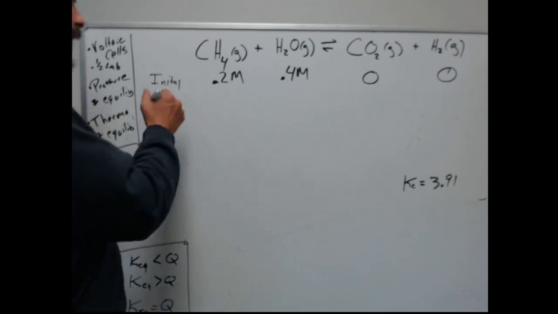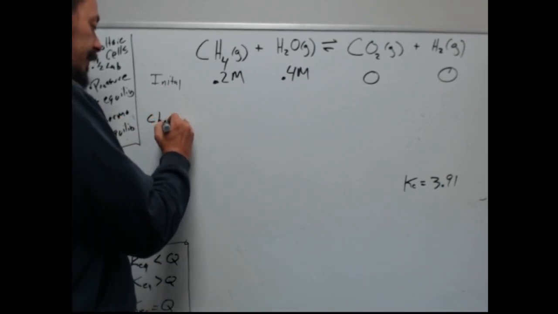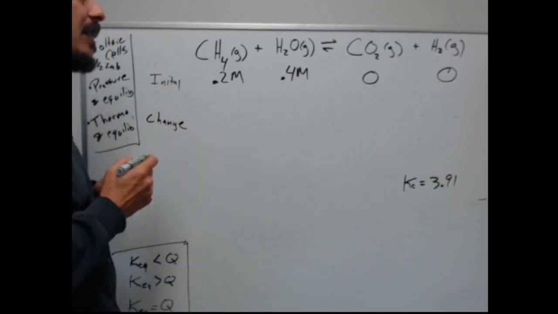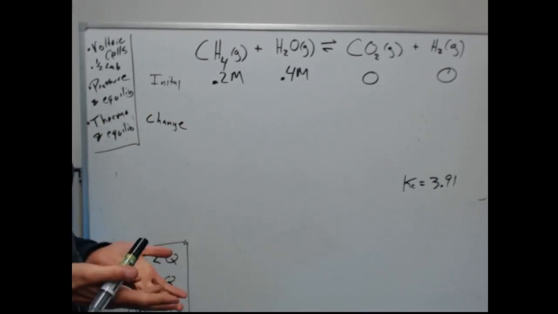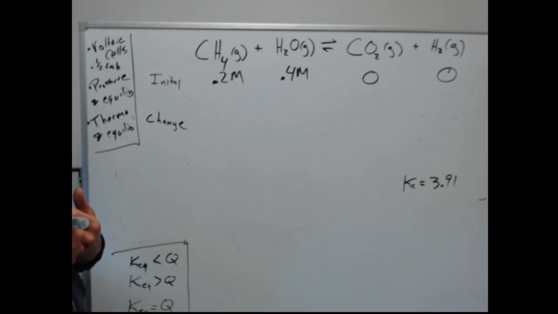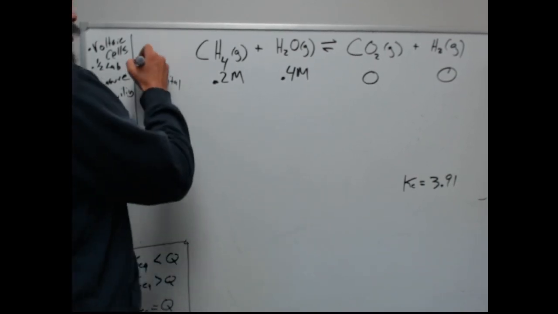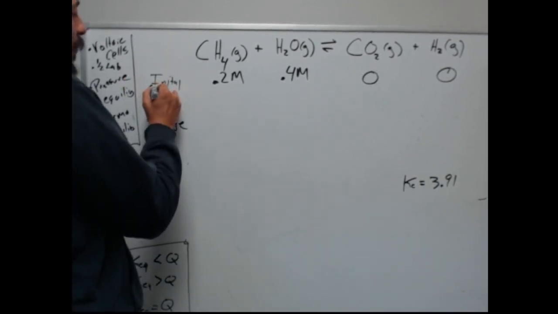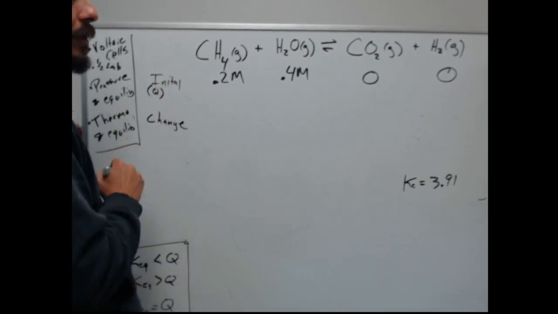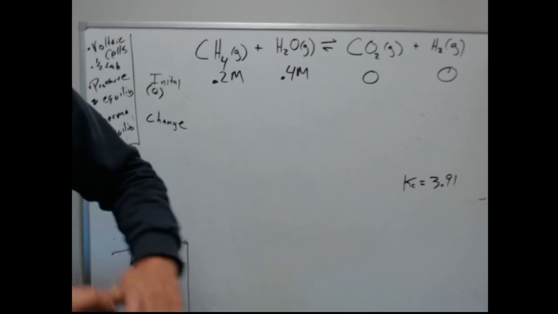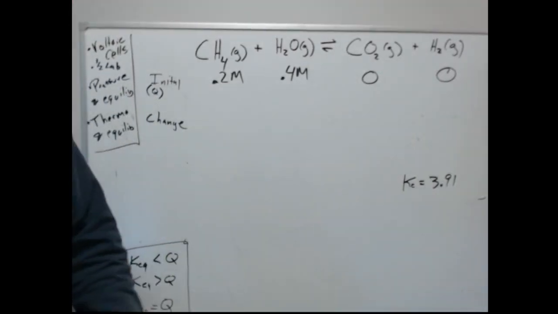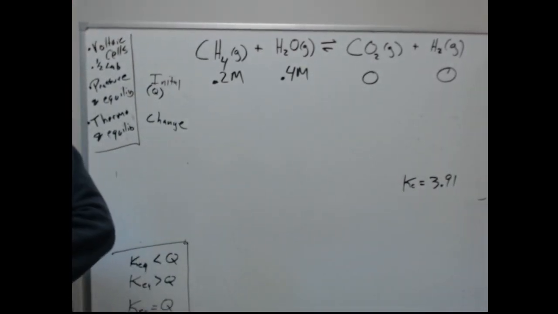Before I go, I'm going to think about how this is going to change. I need to know, is it going to change towards products or towards reactants? To figure that out, I look at my initial and calculate my reaction quotient, compared to the Kc, to see whether it goes towards products or towards reactants.